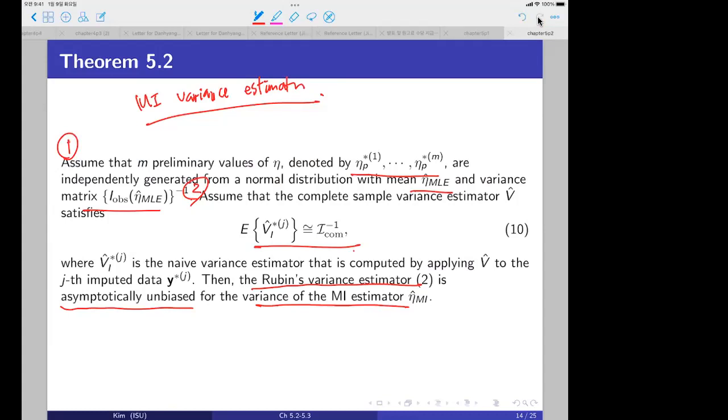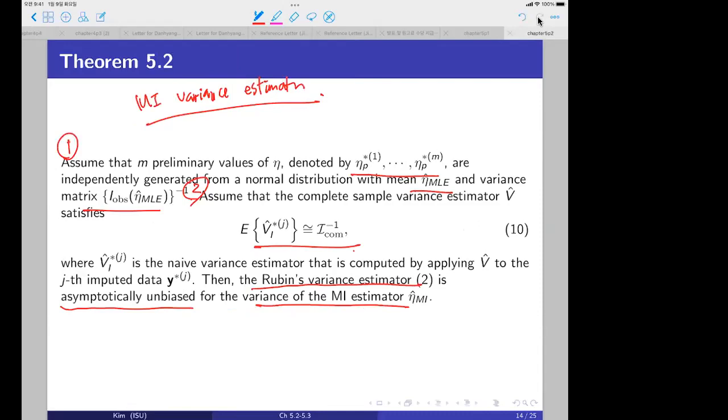Under these two assumptions, we have asymptotic unbiasedness. Okay, I'm going to prove it, so we'll move on to this.